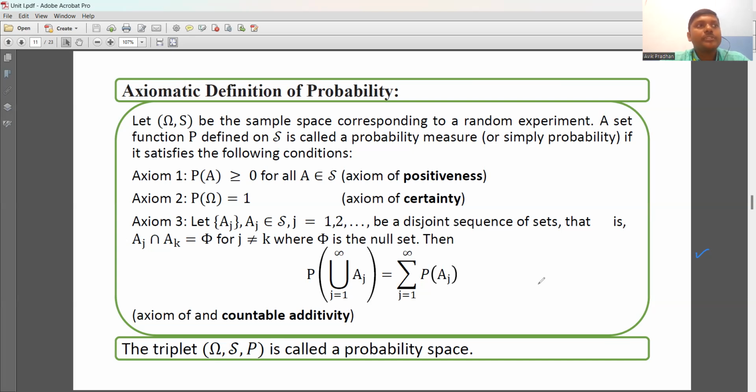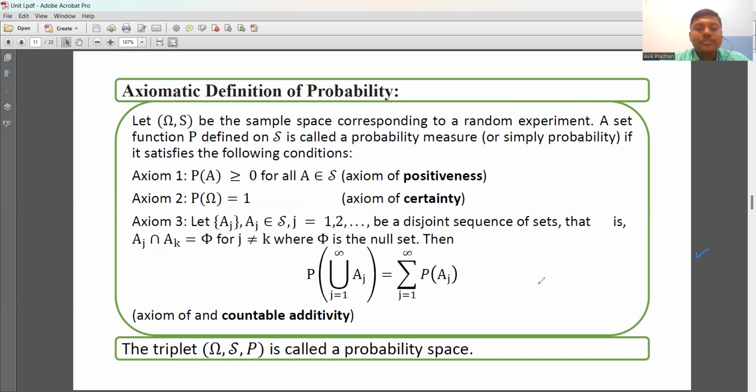The first axiom is that the probability of any event is non-negative, that means greater than or equal to 0, which is the axiom of positiveness. The second axiom says that the probability of the sample space, or the set of all possible outcomes, is equal to 1. That is the axiom of certainty.